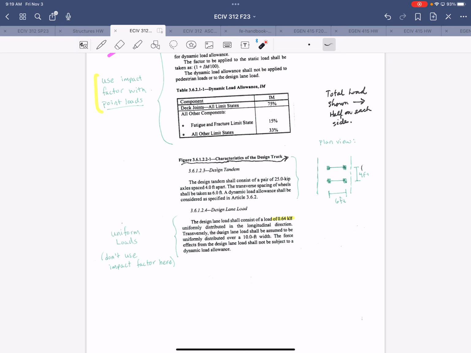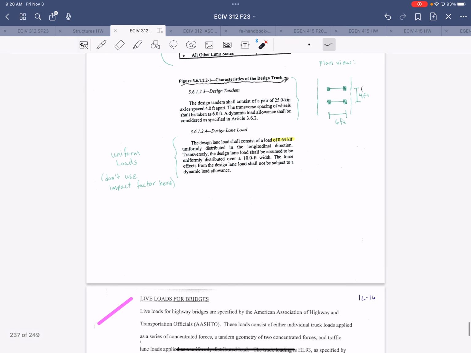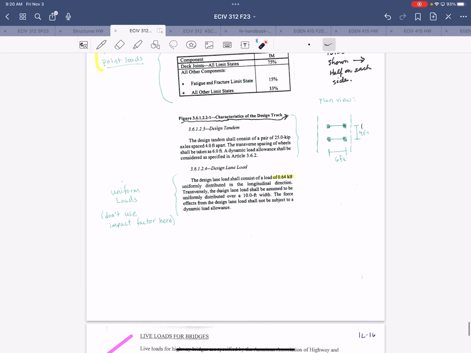So they say this is design tandem, and this is also shown on the next page here, where a tandem load would consist of 25 kip wheels spaced 4 feet apart longitudinally. And then those would be one side of an axle, and then the axle would be shown like this, where the wheels on either side are spaced 6 feet apart in that direction. So I sketched it over here in a plan view, where you'd have the axles spaced 4 feet apart, and then the wheels on the axle spaced 6 feet apart.